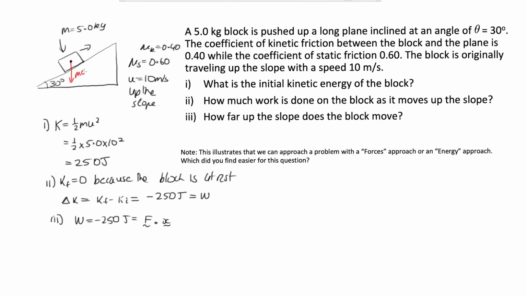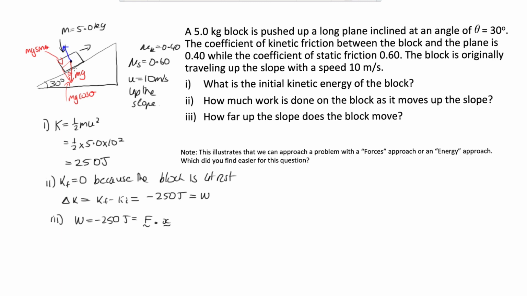We've got the weight force mg, which is pulling it down, which we can, as always, divide into our components. Here we've got mg sine theta, and here we've got our mg cos theta. Now we also have the normal force, which is perpendicular to the slope, so it's acting up like this.